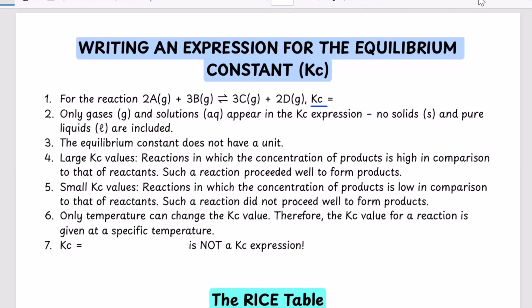If you're asked to write the Kc expression, you're going to say the concentration of products over the concentration of our reactants.